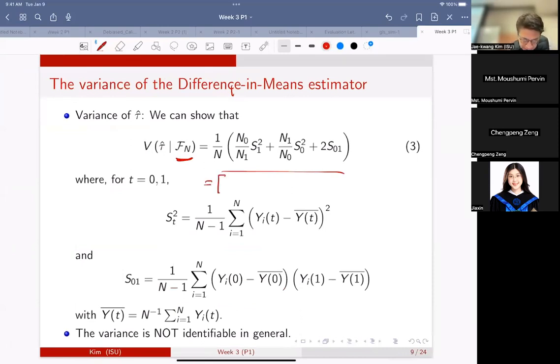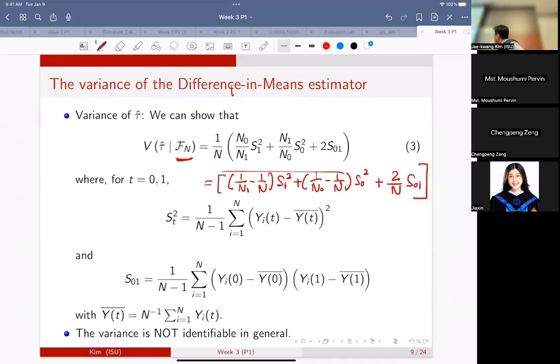So another way of writing this is (N minus n1) S1 squared plus (N minus n0) S0 squared. This guy is the variance of mu hat 1.